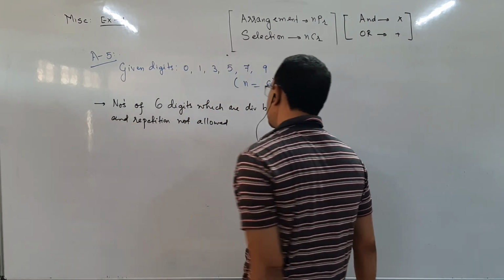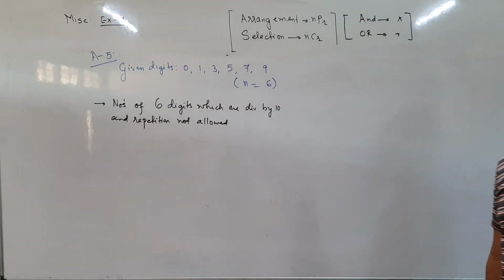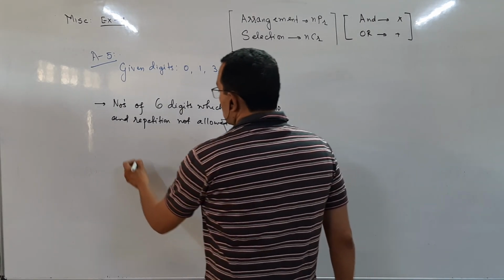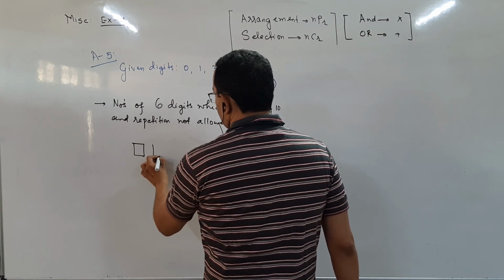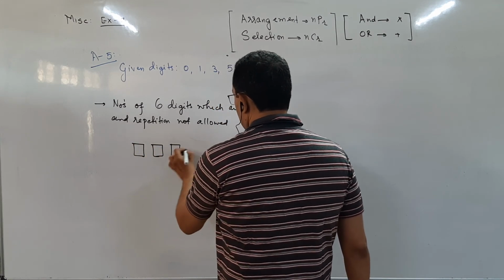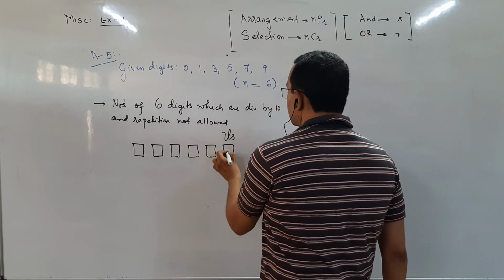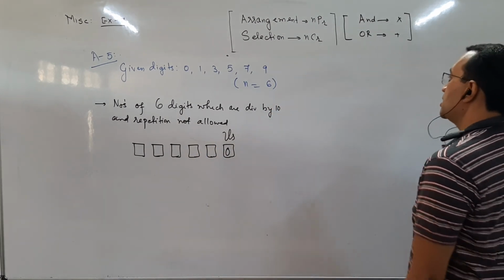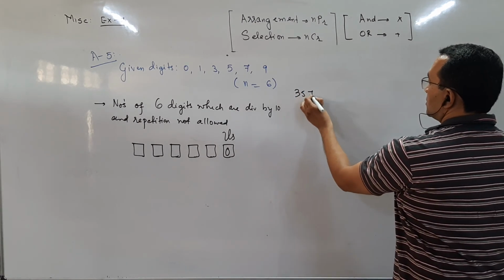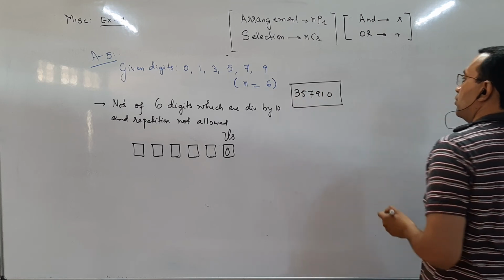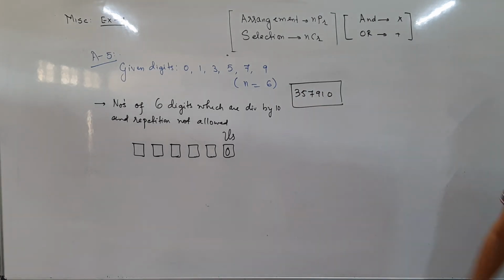Repetition not allowed means a digit cannot be repeated. So I draw 6 boxes according to the criteria. And the main importance is that the units place must be occupied by 0. Suppose this is the 6-digit number 3, 5, 7, 9, 1, 0. Definitely this number is divisible by 10.